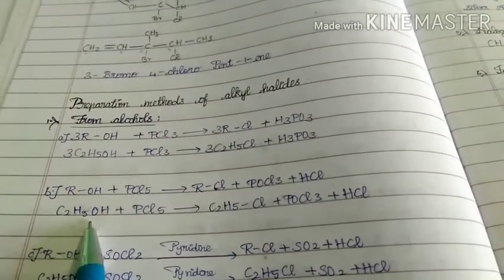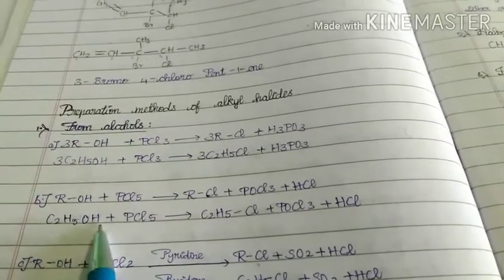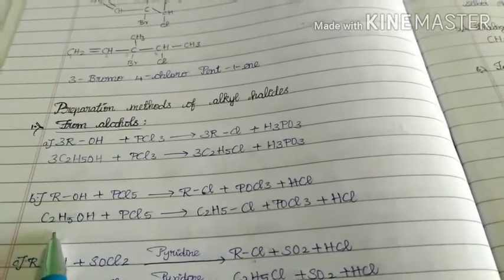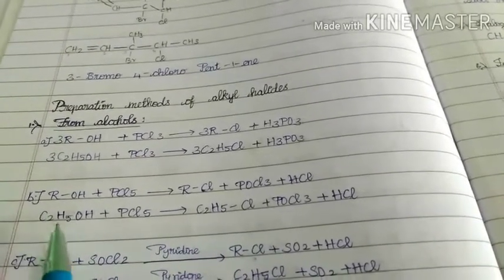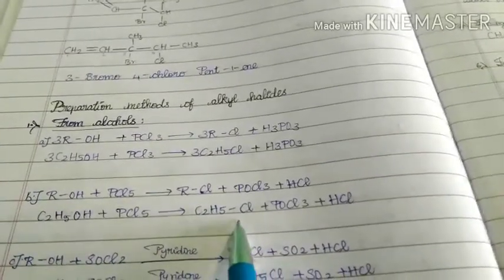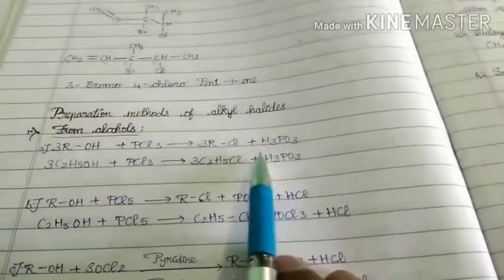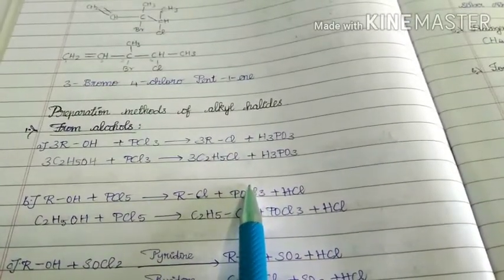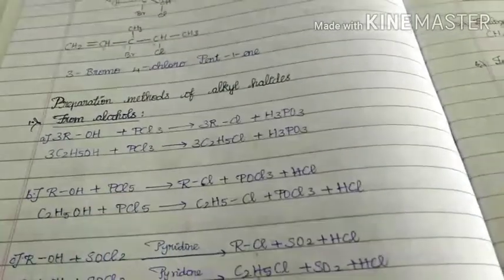For example, take C2H5OH. Instead of R you can put any alkyl group, whether methyl, ethyl, propyl, whatever it may be. Then we get the same type of reaction as above. So these are the methods of preparation of alkyl halides from alcohols.